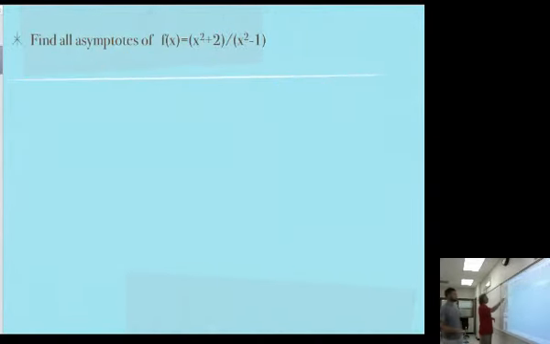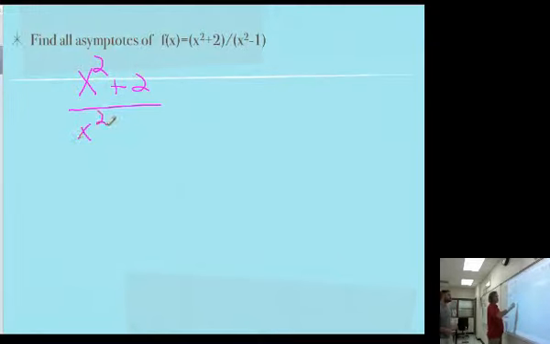So I have several rules for horizontal asymptotes. For horizontal asymptotes, we look at the biggest power of x on the top and the bottom. In our case, we have x squared plus 2 over x squared minus 1. The biggest power of x on the top is a 2, and the biggest power of x on the bottom is also a 2.